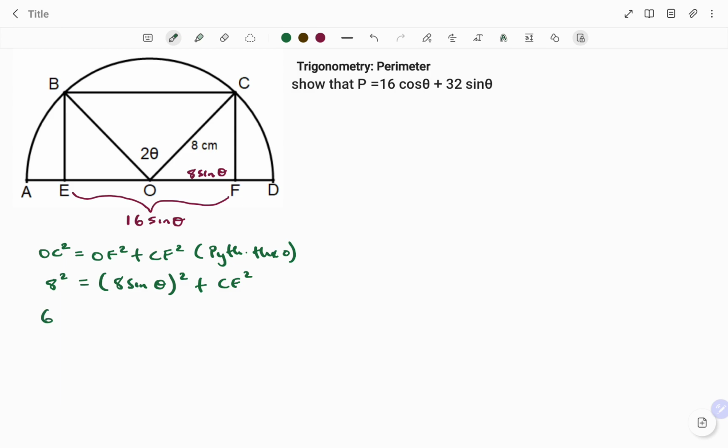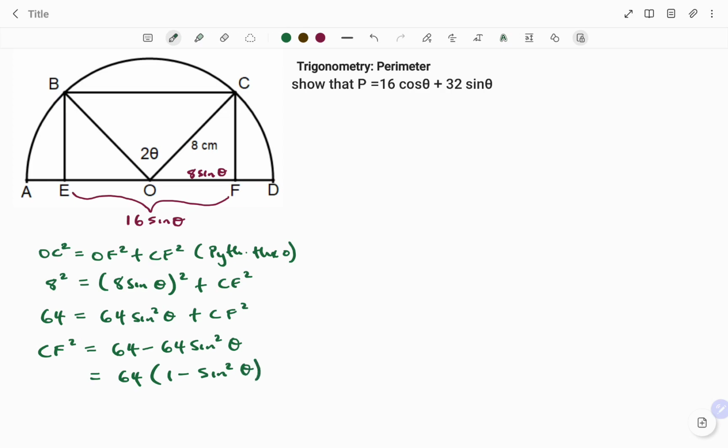I have 64 equals 64 sine squared theta plus CF squared, making CF the subject of formula. I have CF squared equals 64 minus 64 sine squared theta. If I factor out 64 as a common factor, I have 1 minus sine squared theta.